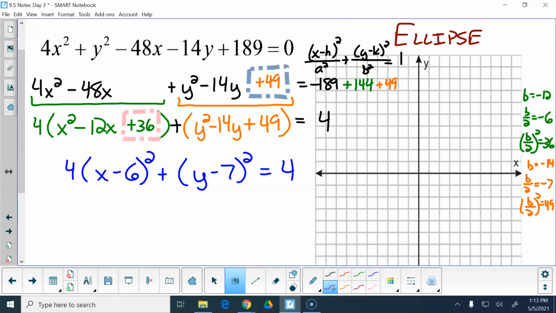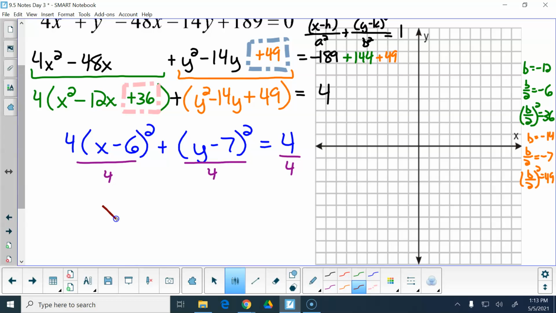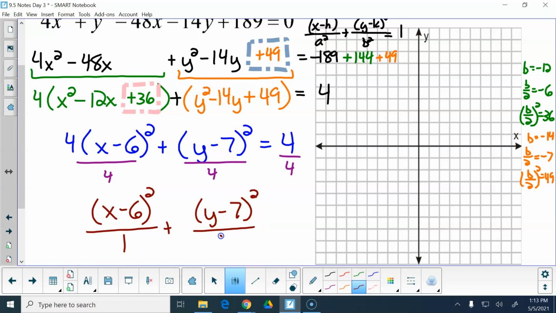Then, because our original form was equal to 1, I'm going to divide everything by 4, and that's going to give me the equation of my ellipse. So the standard form equation of this particular ellipse is quantity x minus 6 squared over 1 plus quantity y minus 7 squared over 4, and that is equal to 1.